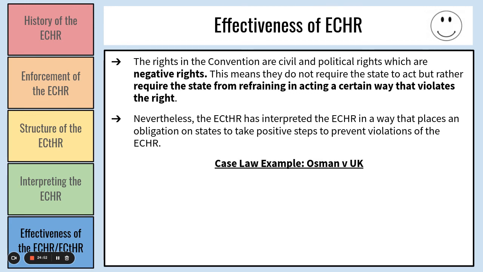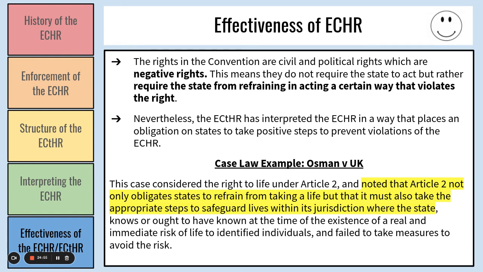A case example of this is Osman and the UK. In this case, it considered the right to life, and the court noted that Article 2 does not only obligate states to refrain from taking a life, but it should also take the appropriate steps to safeguard lives within its jurisdiction, so within where a law applies for it, where the state knows or ought to have known at the time of the existence of a real and immediate risk to life, and has failed to take measures to avoid the risk.